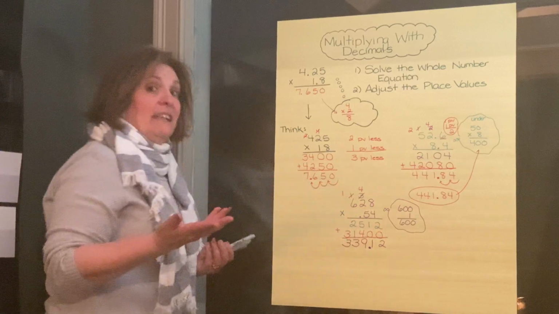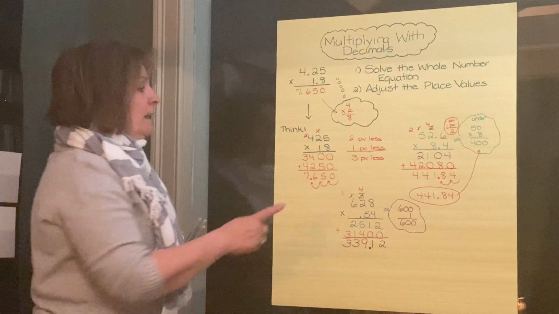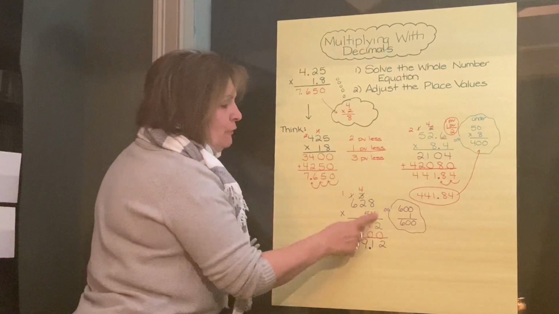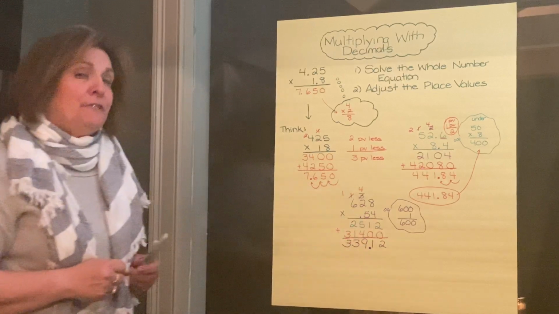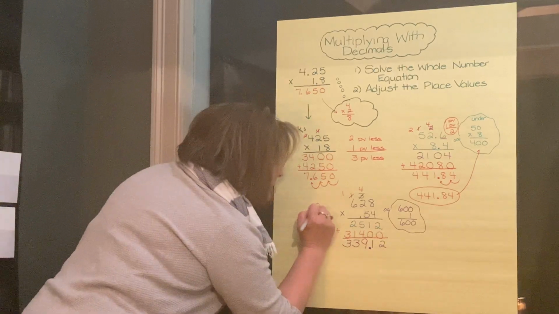Well, 628 is 628. I didn't do any place values less. Here I said it was 54, but it's really 54 hundredths. So that's 2 place values less.